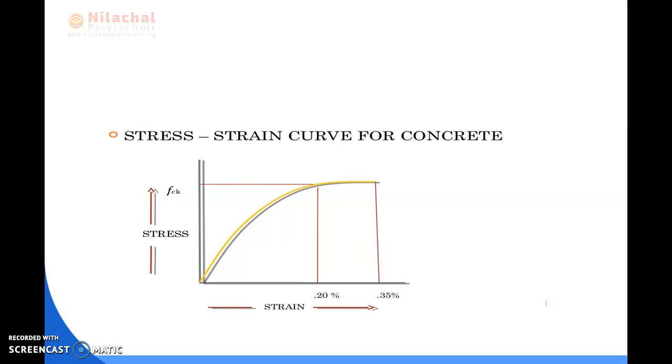In case of stress we define fck, the characteristic strength of concrete. Here the percentage of strain is shown, which is 0.20% and 0.35%. The fck line is shown here, and the curve shows the stress strain diagram of the concrete.